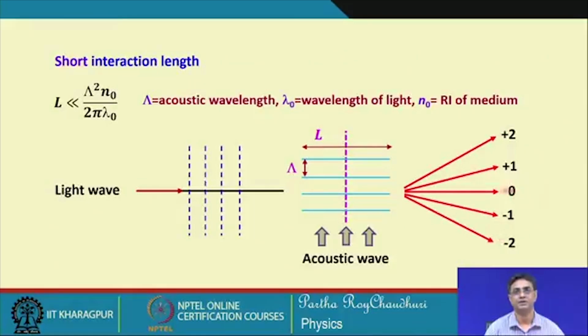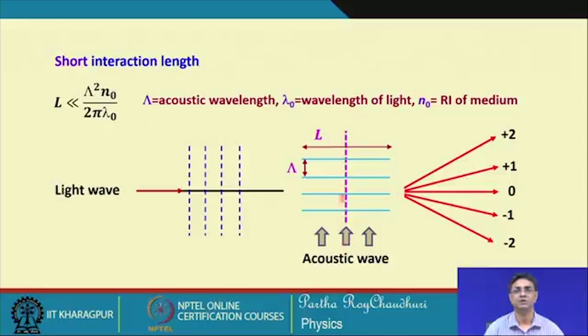This is the 0th order diffraction, which is along the same line, and then you have symmetrically located on either side of the 0th order the +1, +2 orders, like the way a grating forms. You have symmetric orders formed about the 0th order.